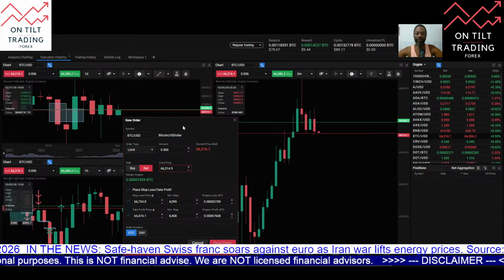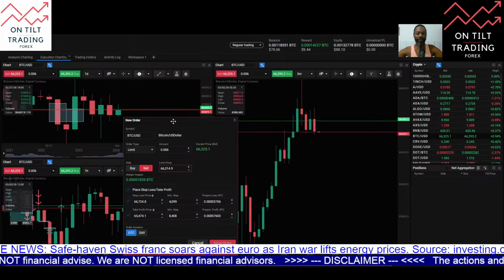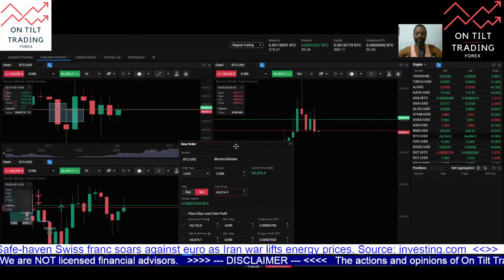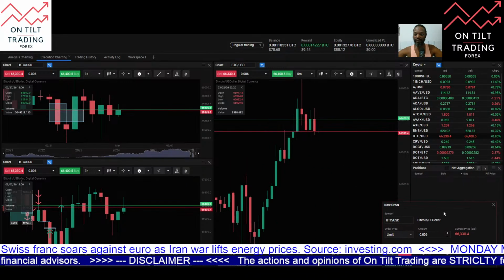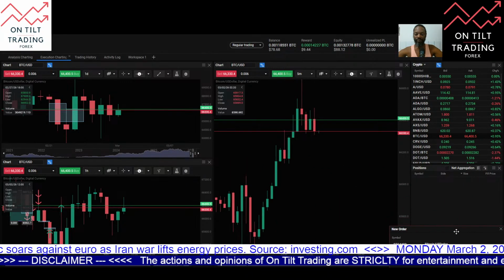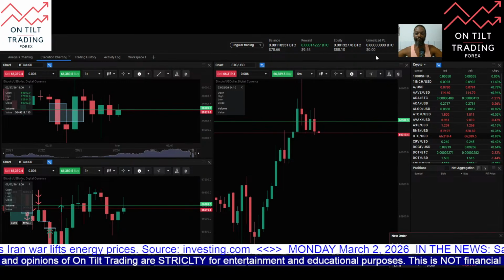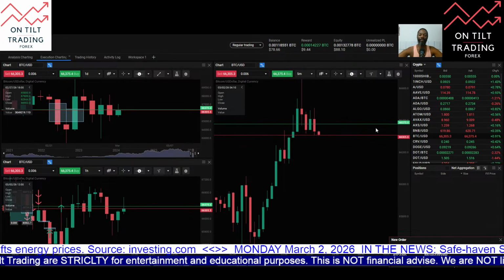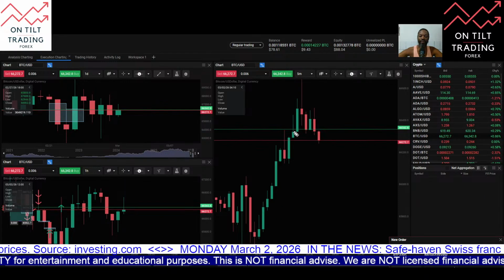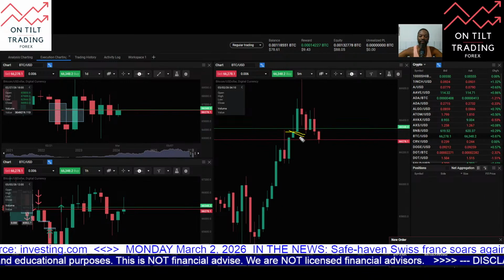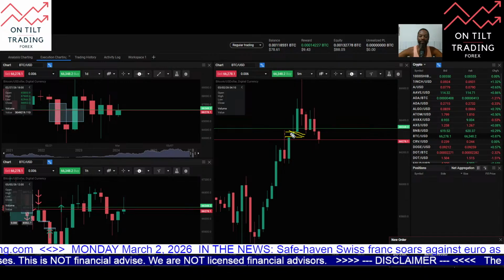And price fails to close below the swing low on that candle. We'll see if this candle, if there's any continuation and a closure below, and then I'll set this order up. Price now trading into that bullish fair value gap right now.